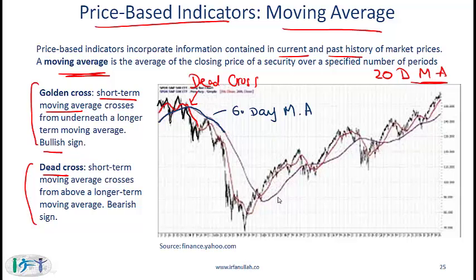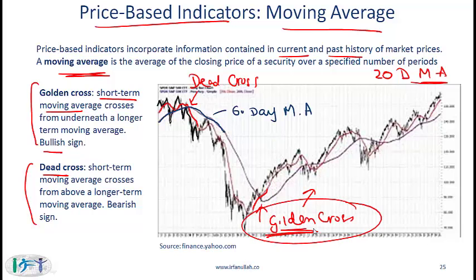Another situation which you have over here, this is a golden cross because the red line, the short-term average, is crossing the blue line from bottom to top. This means that the recent prices are heading upwards, and it is a buy signal. That's why it's called a golden cross.